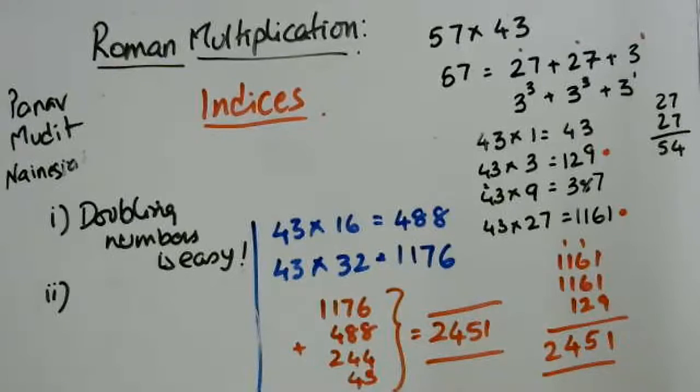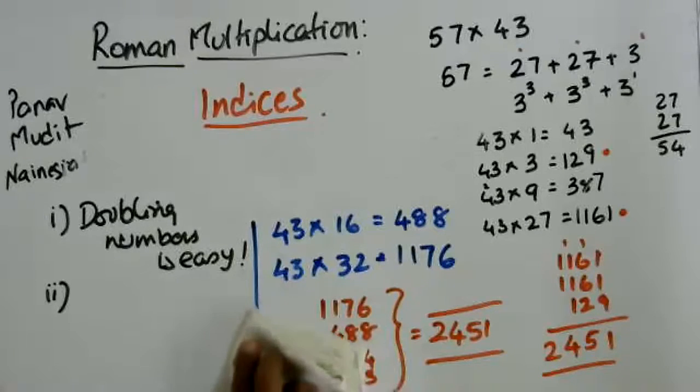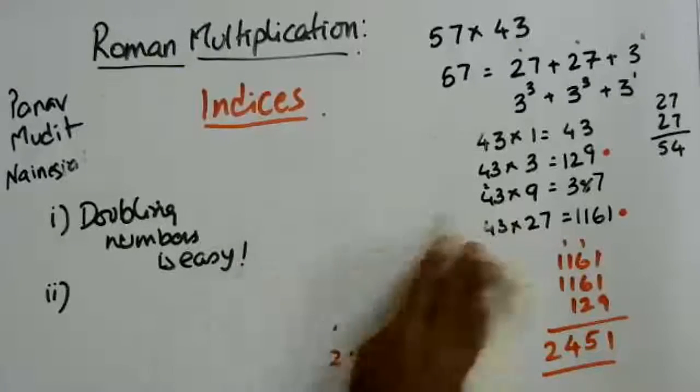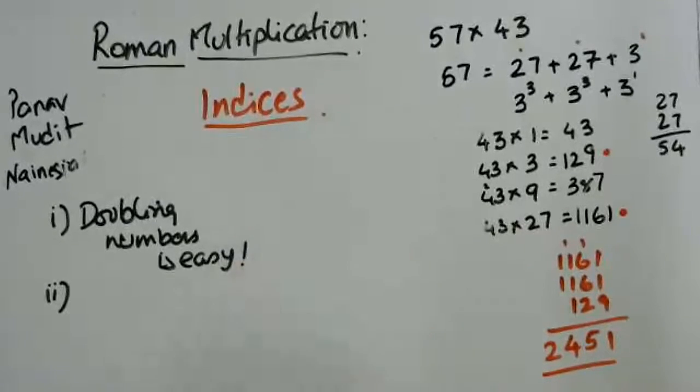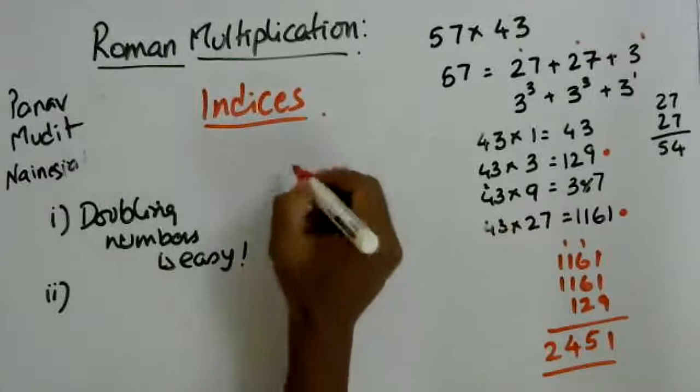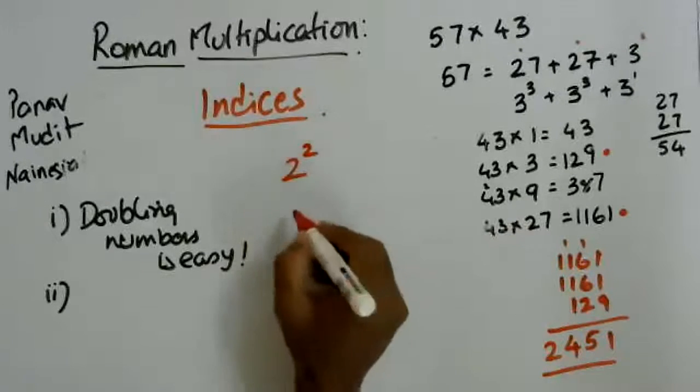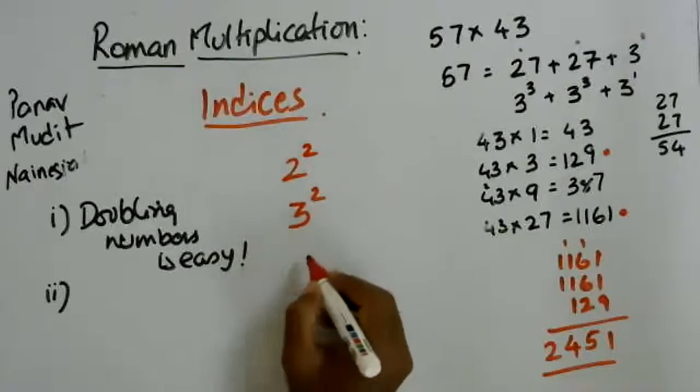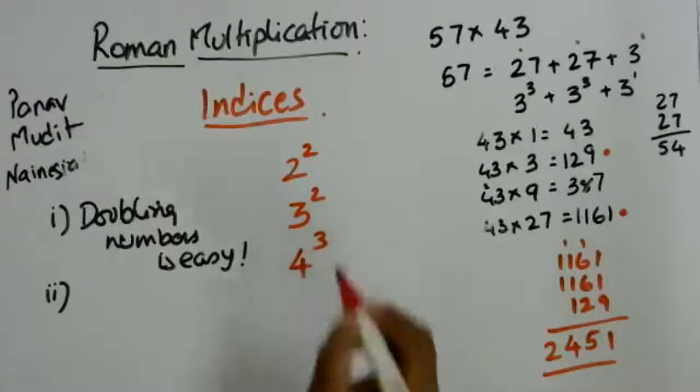Has this been taught to you in the last year, or do people not know? Yes, sir, like 2 to the power of 2, 3 to the power of 2, 4 to the power of 3.